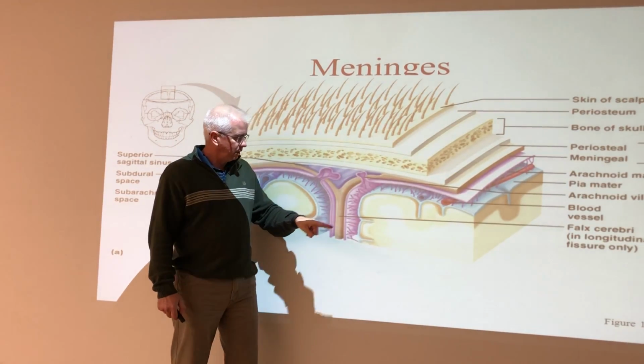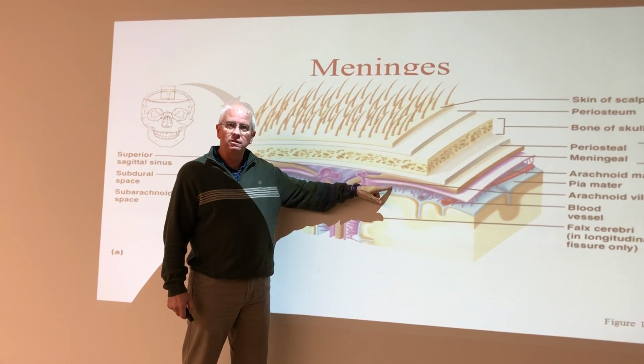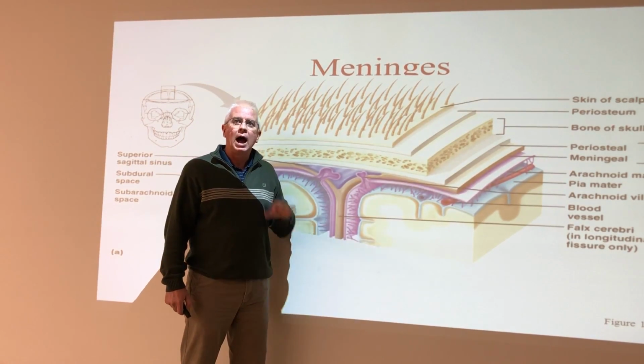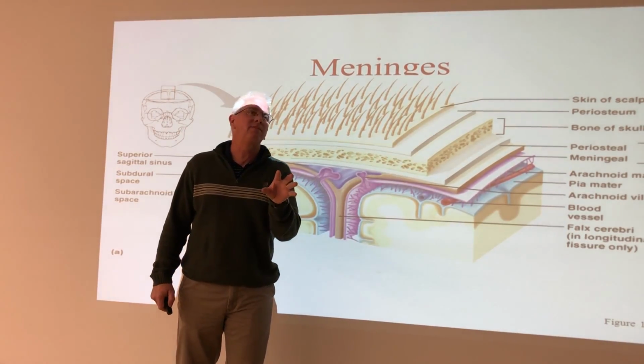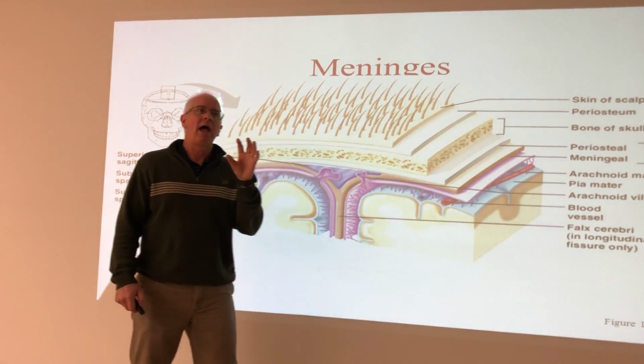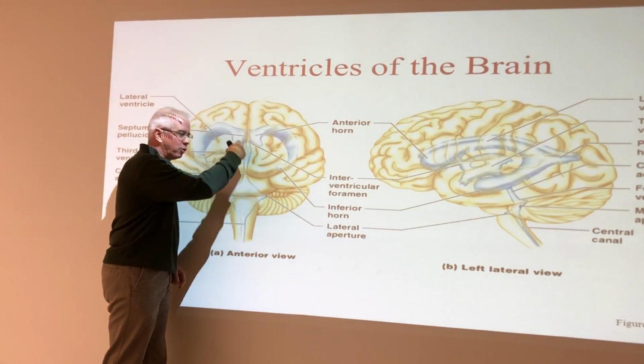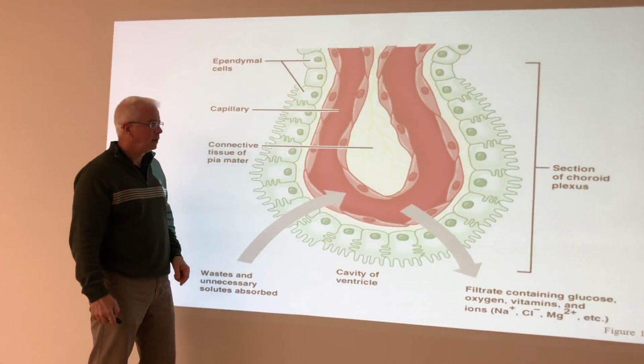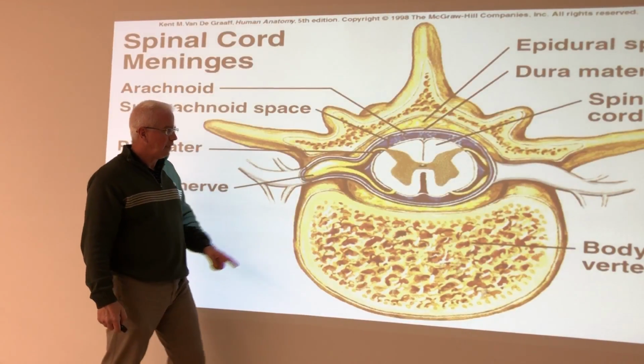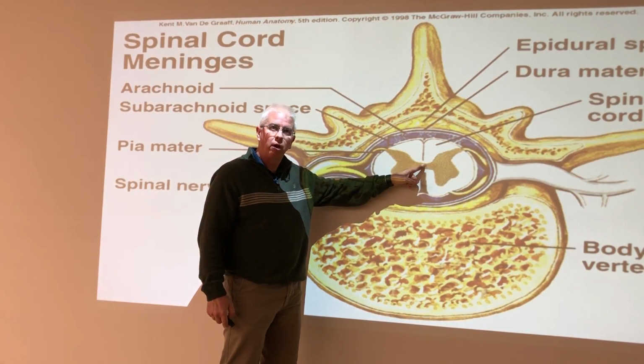I have just described for you where the CSF comes from, and I have left the cerebrospinal fluid deep in the brain and in the center of the spinal cord.